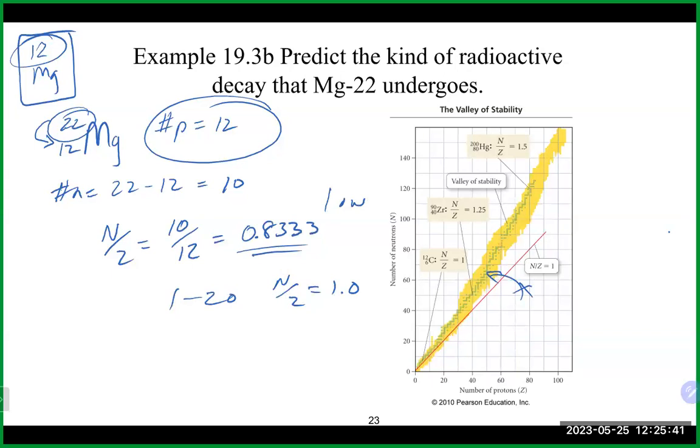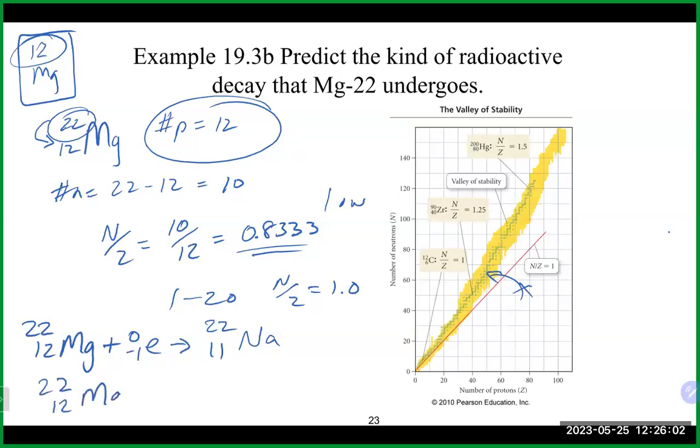Either electron capture or positron emission. If we wrote the equation for electron capture, we would end up with an 11 on the bottom and 22 on top, and that should be sodium, which is number 11. Again, the other process it could go through, which will yield the exact same thing, is positron emission.